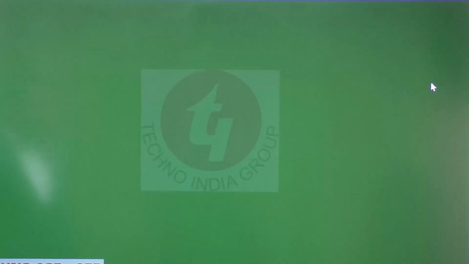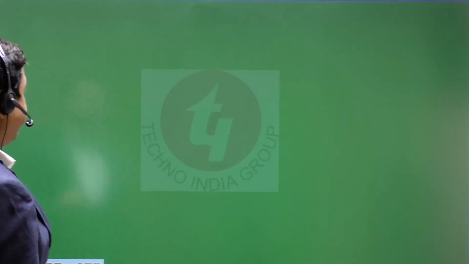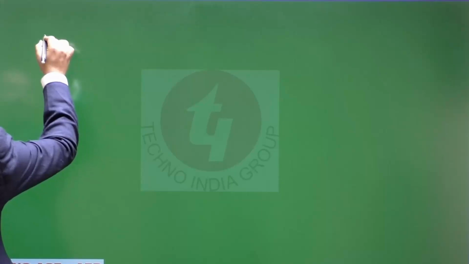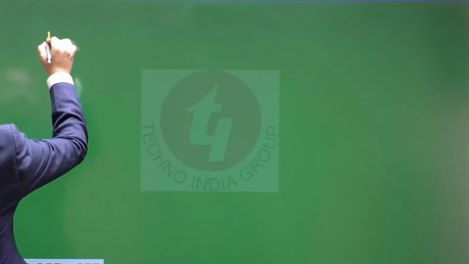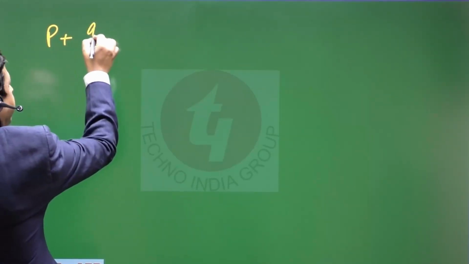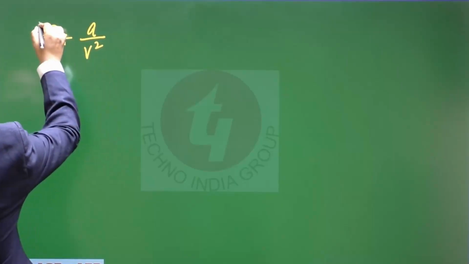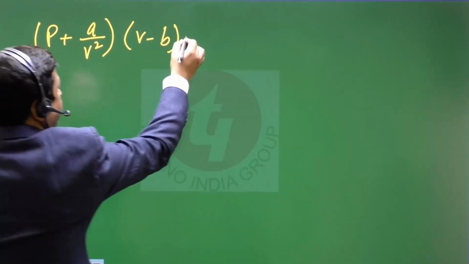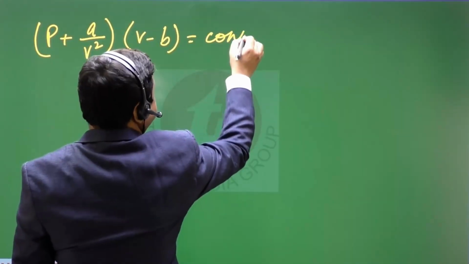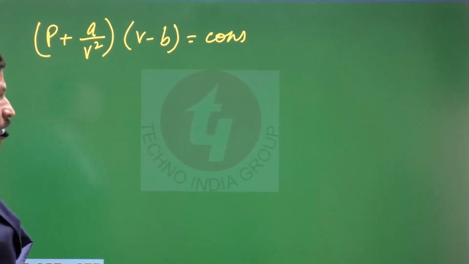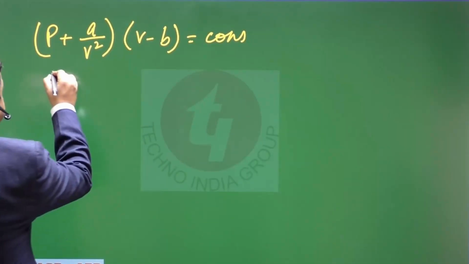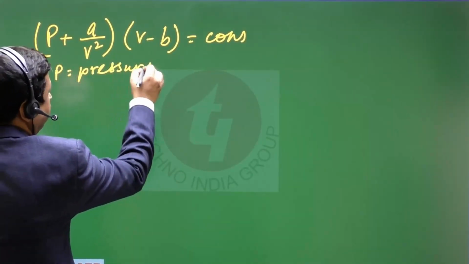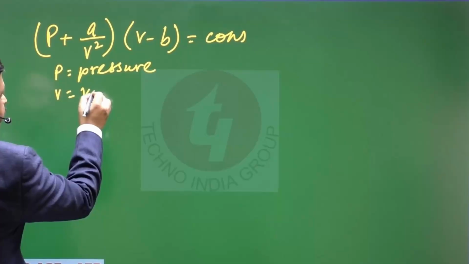Next, say a relation that is basically the van der Waals equation, that is P plus A by V square whole into V minus B is equal to a constant. This is called the van der Waals equation, and here P is the pressure and V is volume.